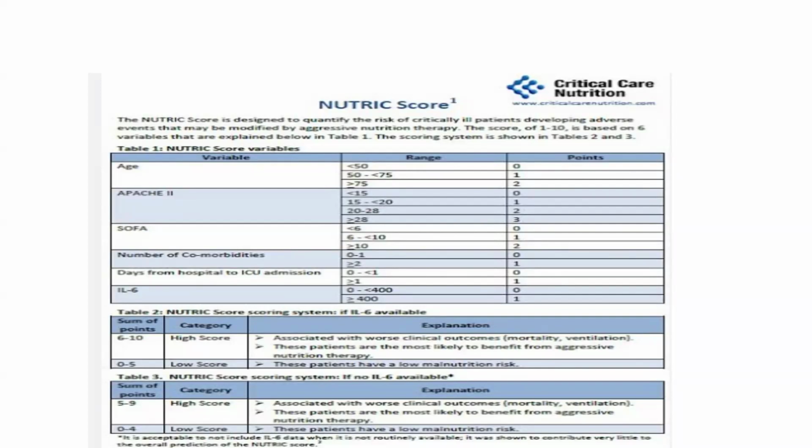Then the NUTRIC scoring system, if interleukin 6 is available: a score of 6 to 10 is high risk, associated with the worst clinical outcomes, mortality and ventilation, and these patients are most likely to benefit from aggressive nutritional therapy. If it is a low score, these patients have a low malnutrition risk. The NUTRIC scoring system, if no interleukin 6 is available: 5 to 9 is a high score, associated with the worst clinical outcome, and 0 to 4 is a low score.